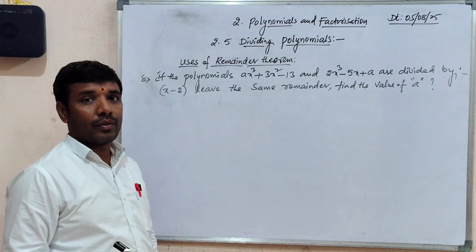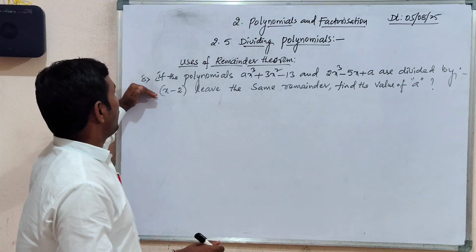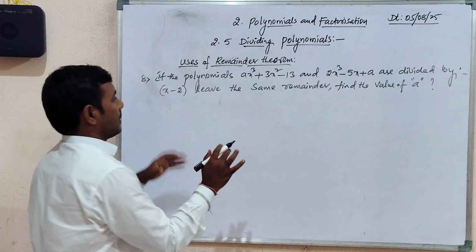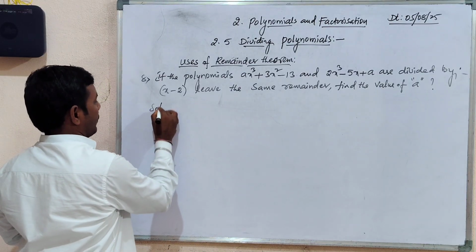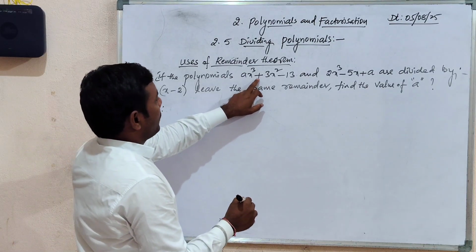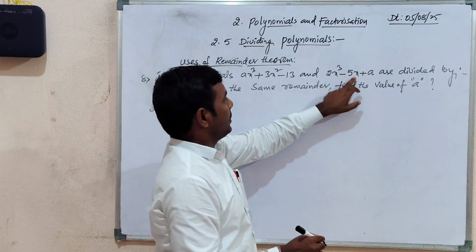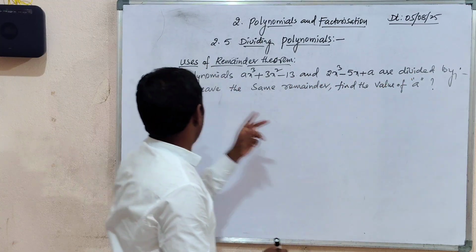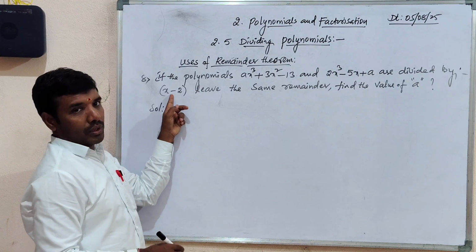Right. Okay, students, this is the 8th model. The questions are different here. Okay, concentrate. Now the answer. Here this is P of x, this is g of x, these two are polynomials. Those two polynomials are divided with this one.